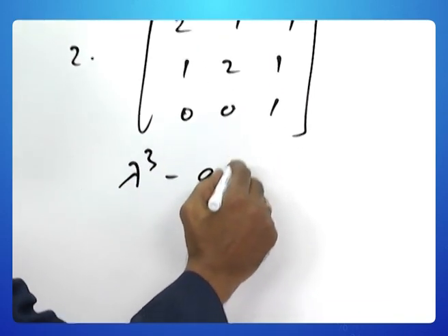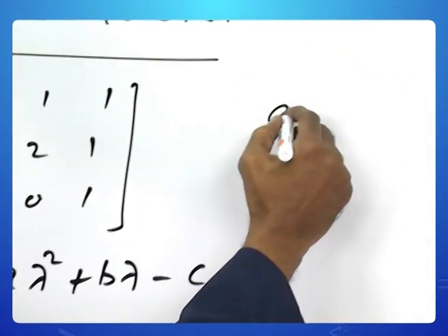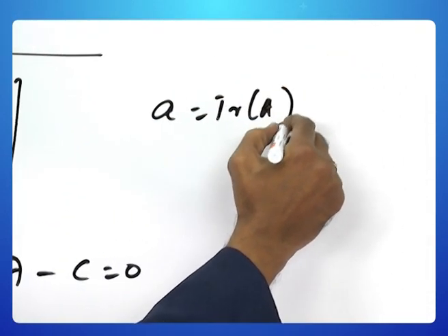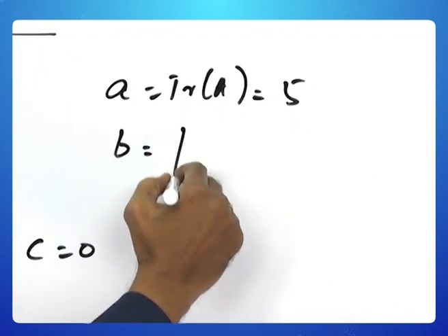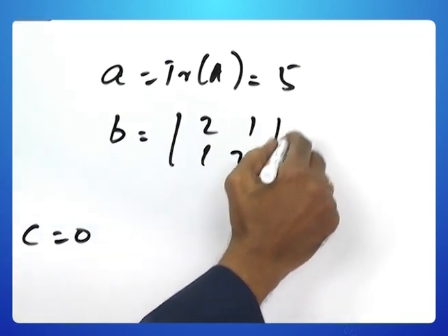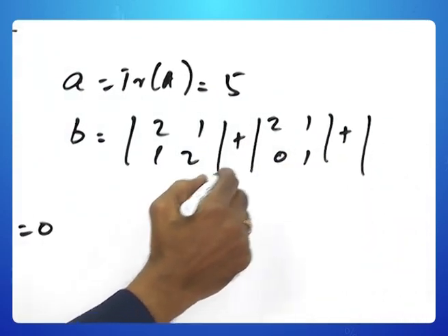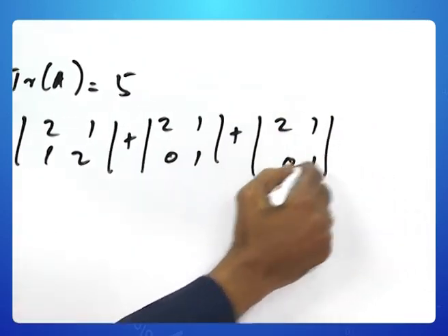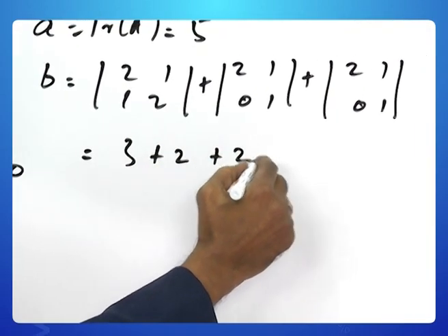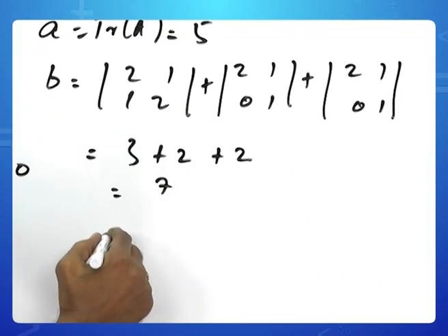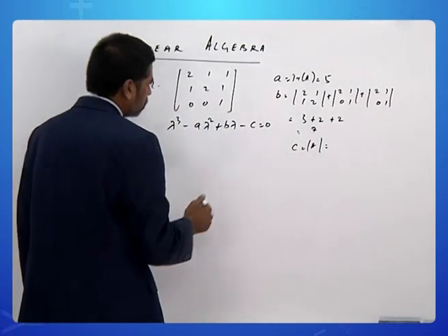Lambda cube minus A lambda square plus B lambda minus C is equal to 0. As explained, A is equal to the trace of A, this is 5, B is equal to the sum of all principal minor determinants, which is 4 minus 1 3 plus 2 plus 2, so this is 7, and C will be the determinant of A. So let's expand by the third column.